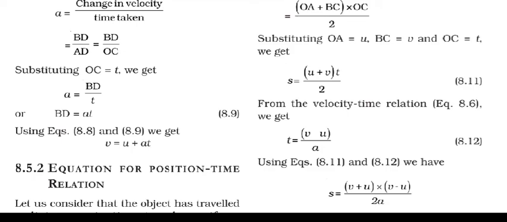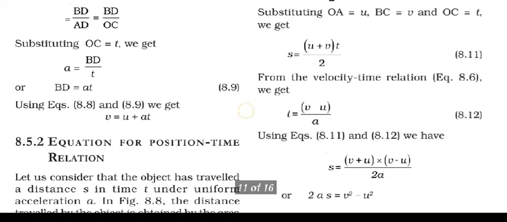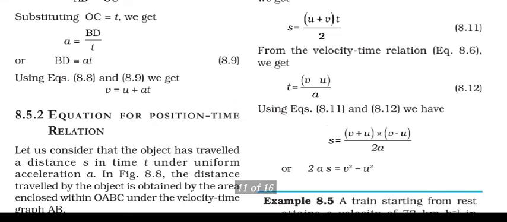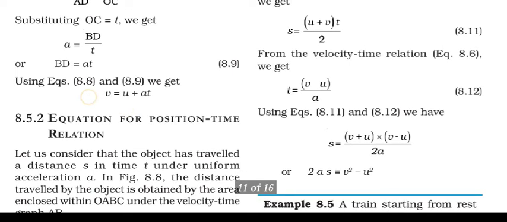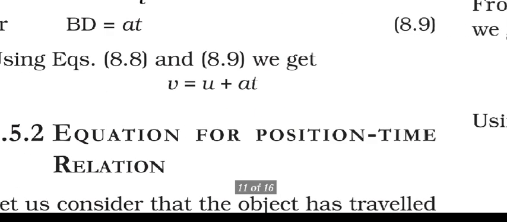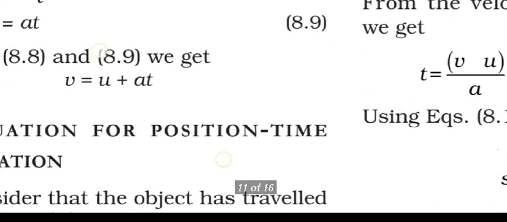In this graph you can see that OA and BC are the shorter and the longer sides, and OC is the base. We are doing the same thing here and applying these values. OA is u, BC is v, OC is t, and upon 2.